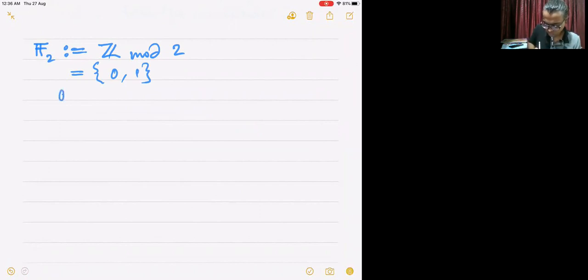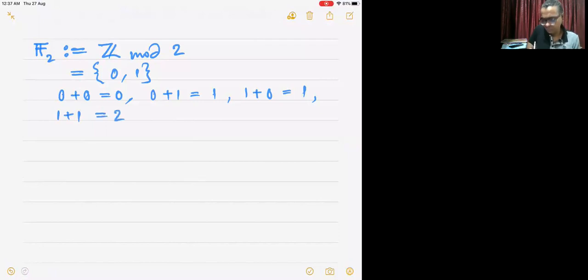Well, 0 plus 0 will be 0. 0 plus 1 will be 1, because 1 divided by 2 gives me remainder 1. Then 1 plus 0 is also 1. Then 1 plus 1 is equal to 2. But 2 modulo 2 is 0.